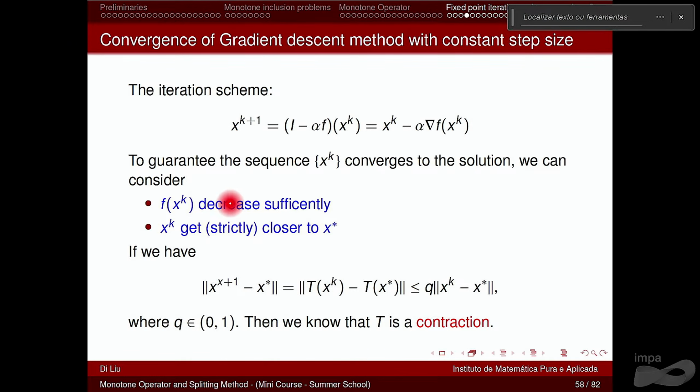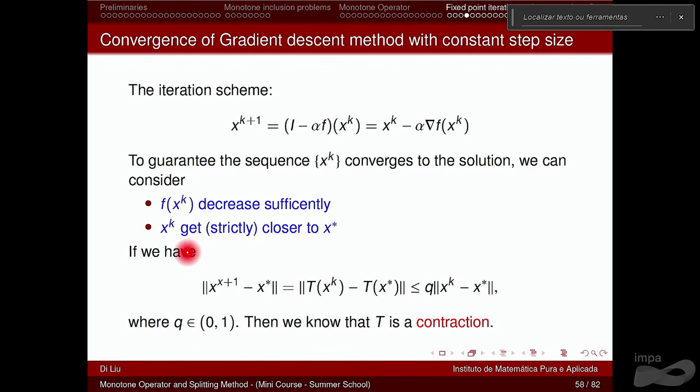There are two ways to analyze the convergence we have mentioned before. First, we analyze whether the function f decreases sufficiently. If we check the textbook about methods using exact line search or some other kind of line search strategy, it will analyze in this way.